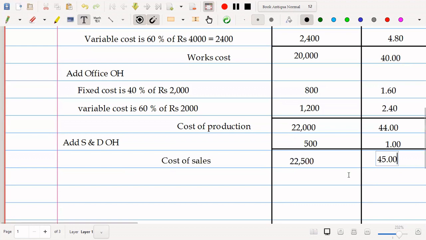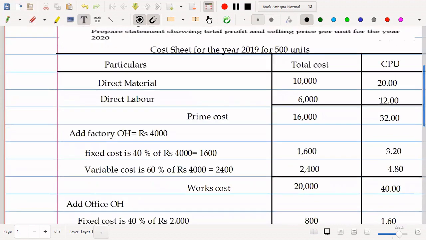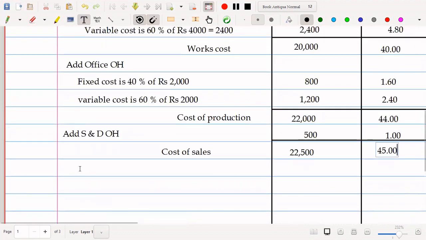And next to this, we are going to add 25% on selling price profit, 25% on selling price on sales, but we don't know what is the sales amount or the selling price.